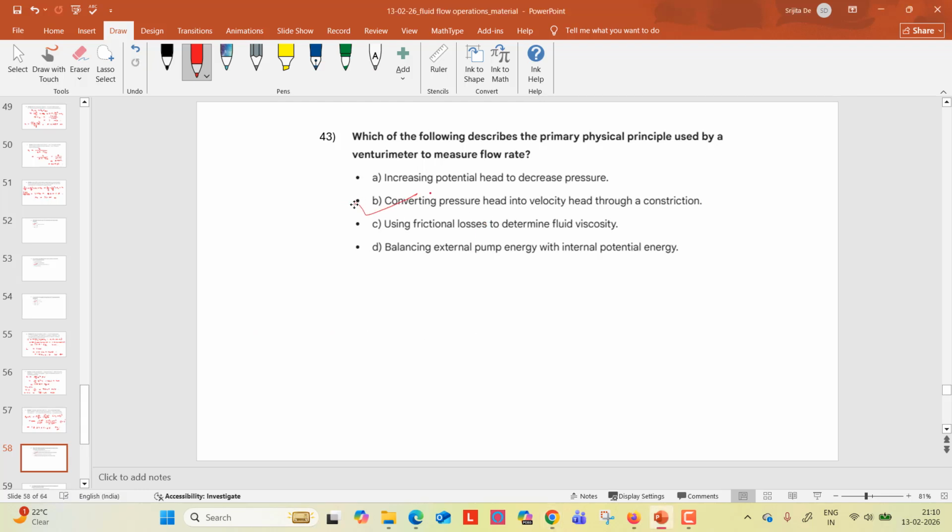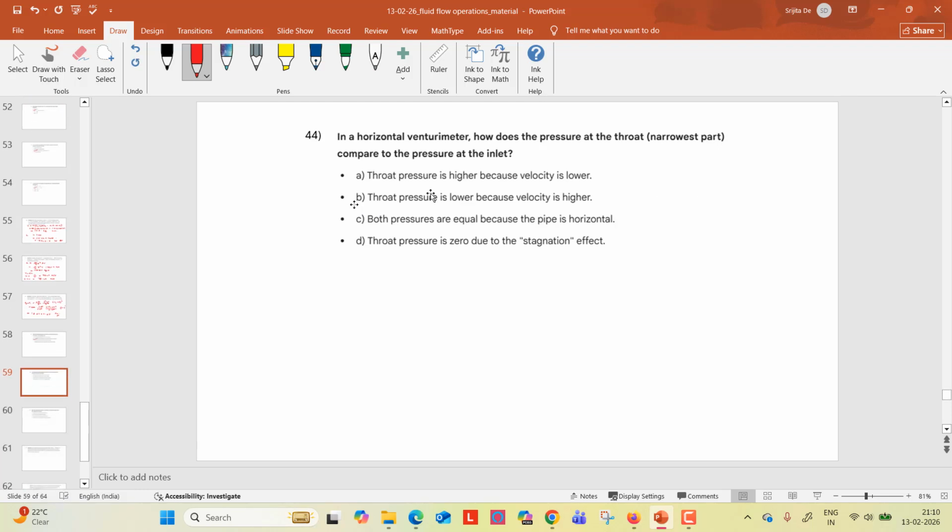Next, in a horizontal Venturi meter, how does the pressure at the throat, that means the narrowest part, compare to the pressure at the inlet? So the throat pressure is lower because the velocity is higher, right?